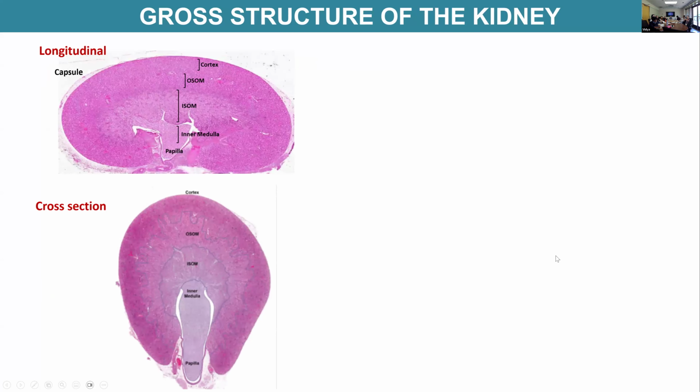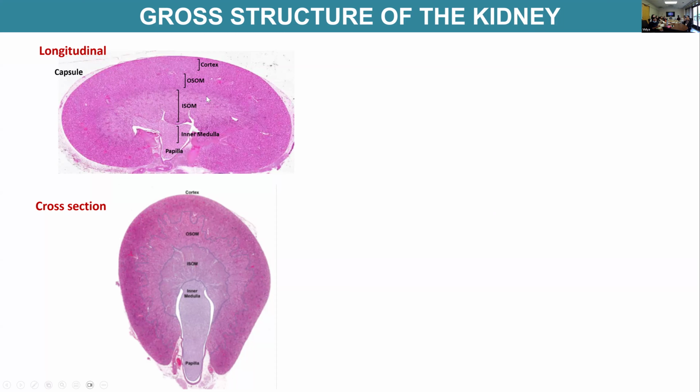Having seen the main important functions of the kidney, now let's go through the cross structure of the kidney. When you take a longitudinal section or a cross section, these zones are demarcated. It is surrounded by a membranous capsule, and then the outer stripe is called the cortex of the kidney.